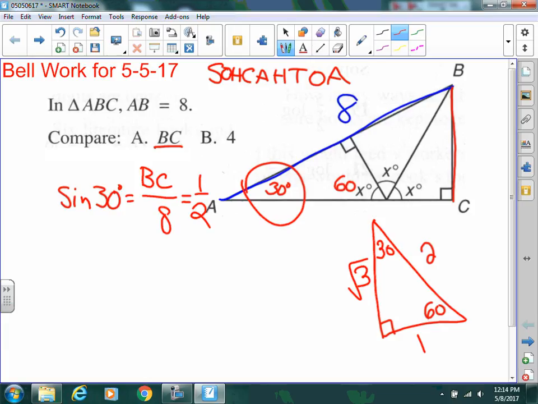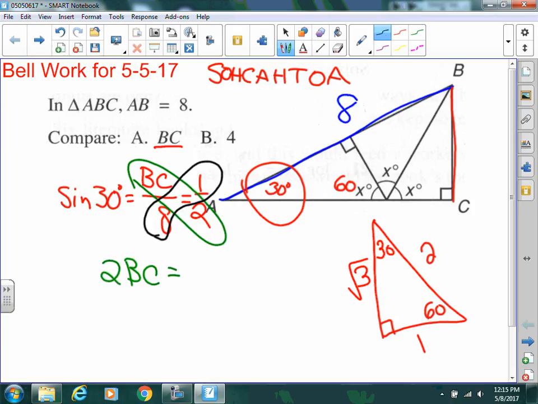And at this point, we have enough to solve for what BC is. We can say BC times 2, so 2 BC, is equal to 8 times 1, the top and the bottom here. Okay. So we divide both sides by 2, and the side BC is equal to 4.